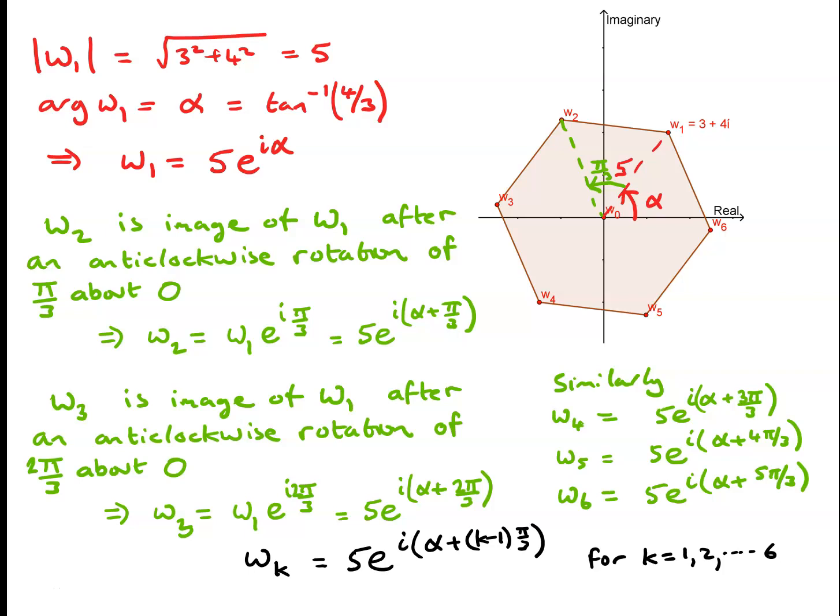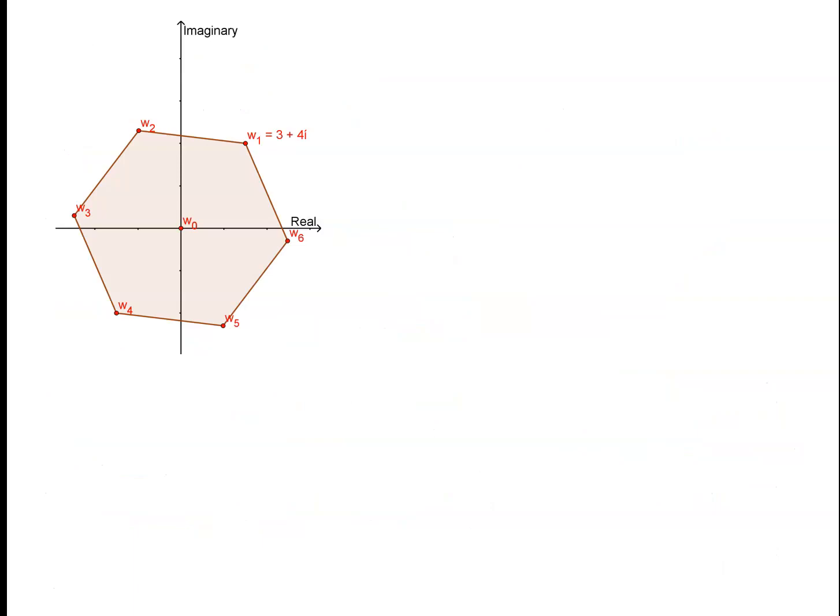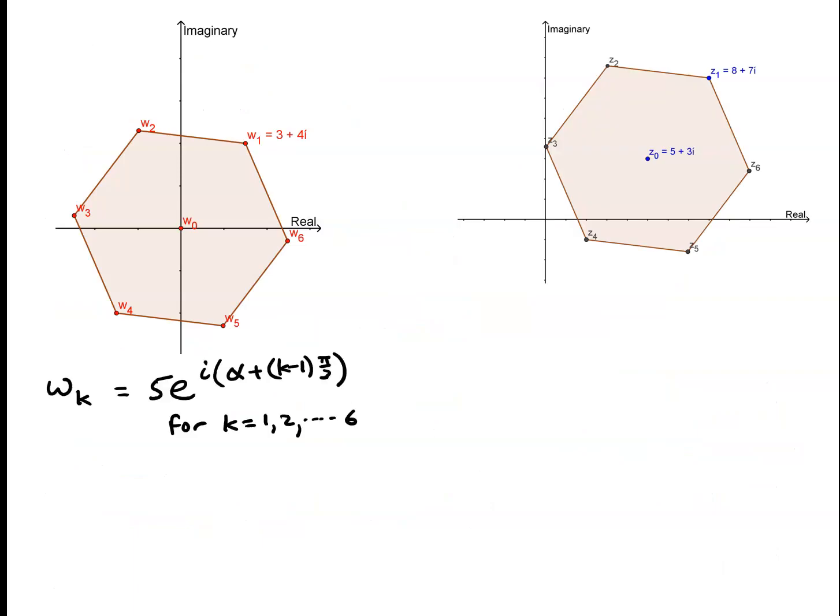But we don't want the w values, we want the z values. So to get back to the z values from the w values, we just need to remember the relationship between them. We had wk was equal to zk minus 5 plus 3i, so zk must simply be wk plus 5 plus 3i.